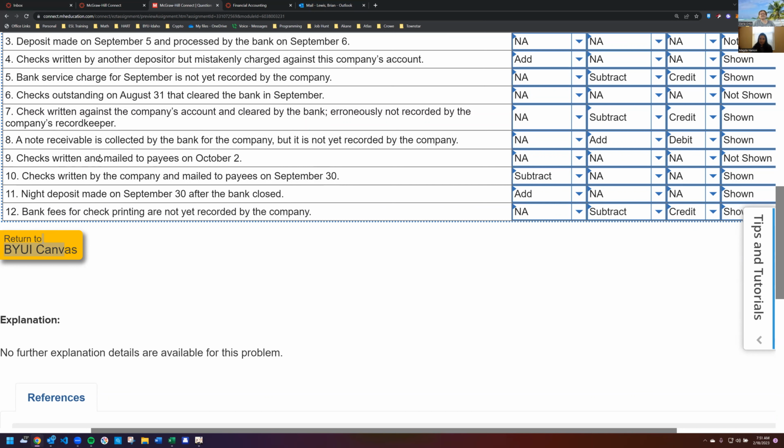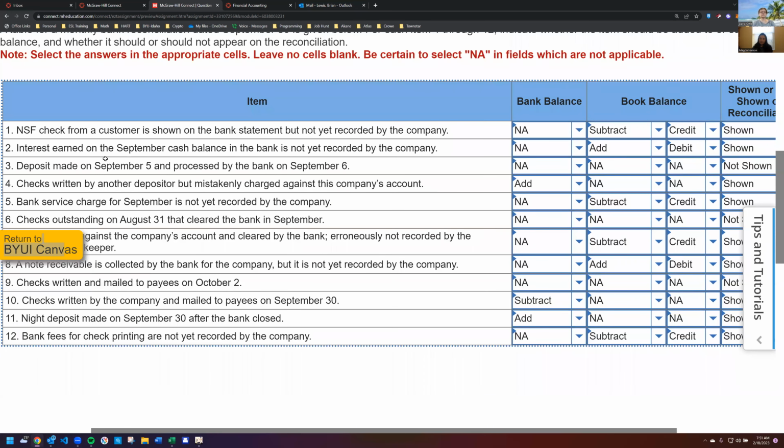If there really is any impact to the reconciliation, especially like on this one where it's October 2nd, which is after the reconciliation date, or like on this one where it's all within the reconciliation timeframe, there is no error. It was just a timing issue within the month, but it's not going to show up on the books or on the bank statement as anything that needs to be corrected or adjusted for.